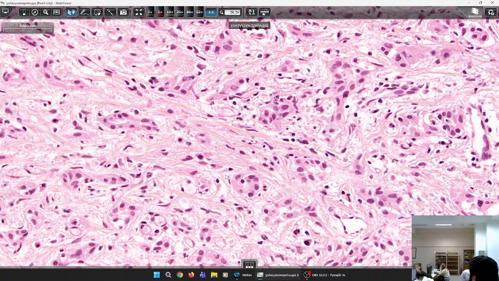And when you have large duct type, it could be extrahepatic in origin. But when it's a small duct type, usually it's intrahepatic. So this is cholangiocarcinoma, because similar tumors can arise from the extrahepatic bile ducts, not the intrahepatic ones.